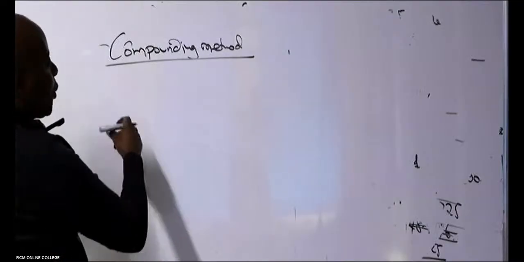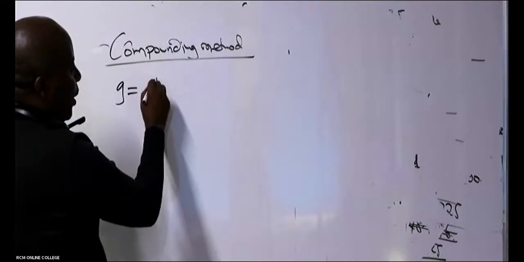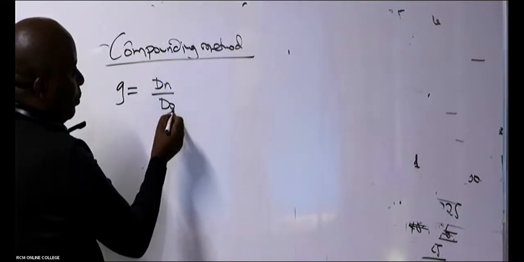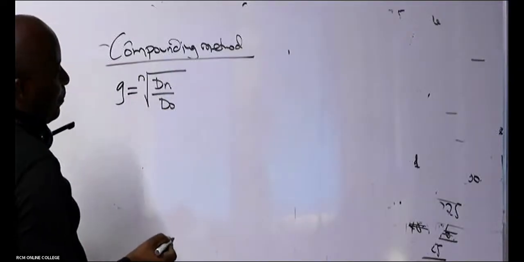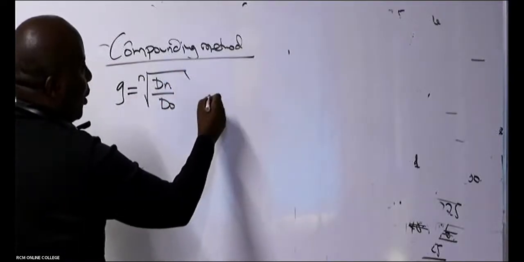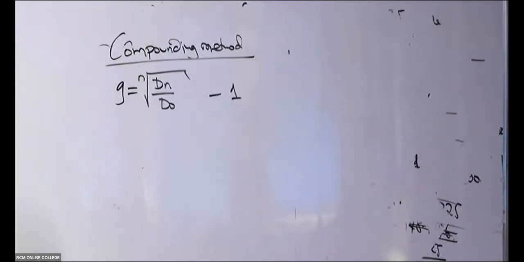We shall compare two dividends, Dn over D0, and then you take the nth root, and whatever you get, you take away 1. That gives the compounding growth rate from the compounding formula.